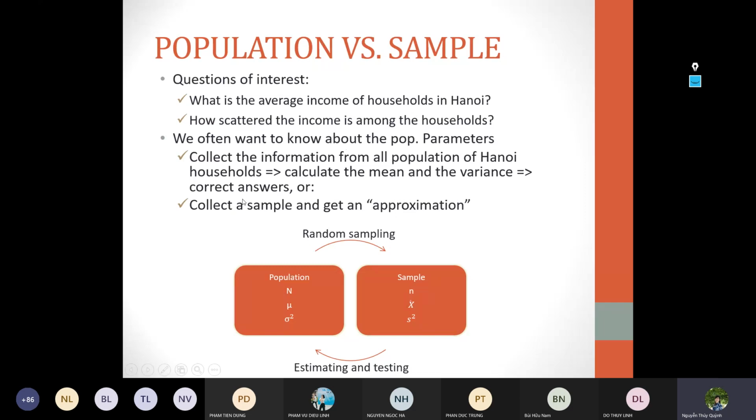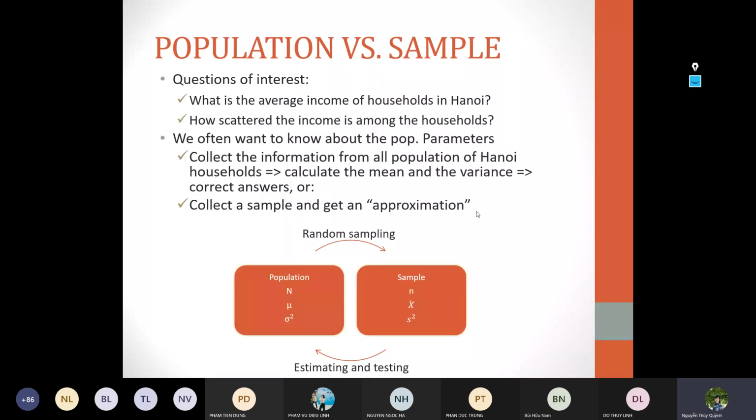But sometimes we cannot collect the data of the whole population because in practice the population is usually very large. You cannot collect the data of all the observations. That's why we usually collect a random sample and get an approximation of the parameters that show the characteristics of the population.